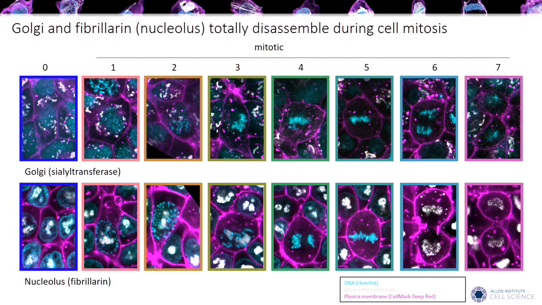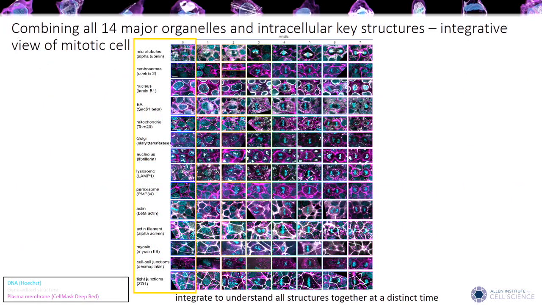But interestingly, it's actually reforming on the sister chromosomes and not in the nucleolus. So I talked a lot about what the structures are doing in this timeline, and Dave is going to show you how we wanted to integrate all the structures in this timeline.